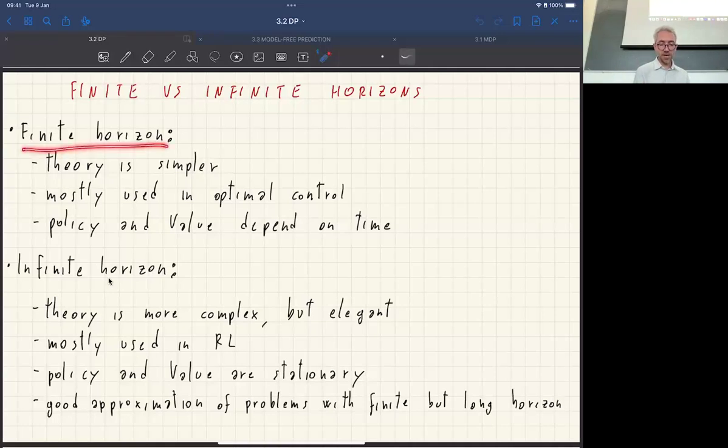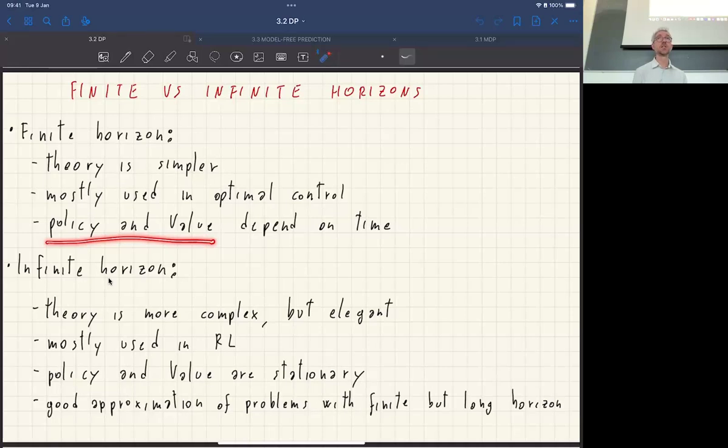So in the finite horizon setting, the theory of dynamic programming looks a bit simpler, but that's the setting that is mostly used for then deriving optimal control algorithms. And a very important thing to notice is that when you have a finite horizon, the policy and the value, they both depend on time.